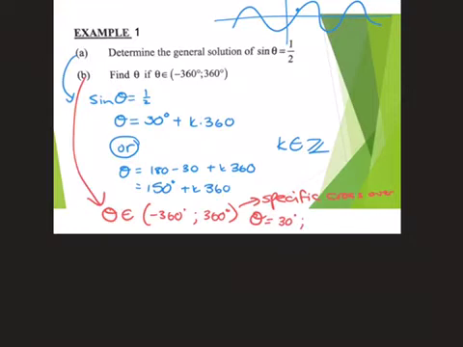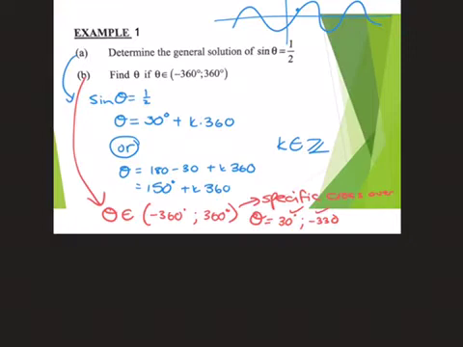So in my calculator, I'm going to click 30 and I'm going to hop 360 from that. Then it gets me to 390. Does 390 fit between negative 360 and 360? No, it doesn't. So I can't use that one. So then I say to myself, okay, well, let's start subtracting. So I say 30 minus 360. I jump backwards and I get negative 330. That fits. Yay. So you hop one forward, you hop one back, and you see what fits.